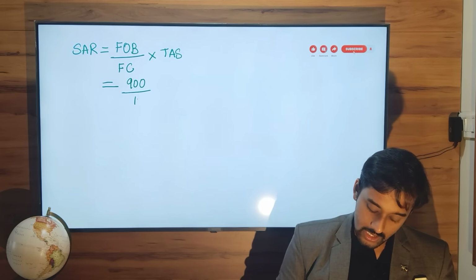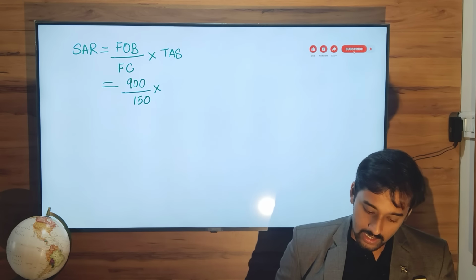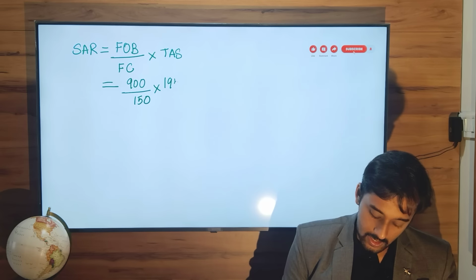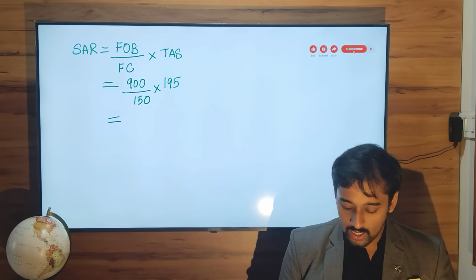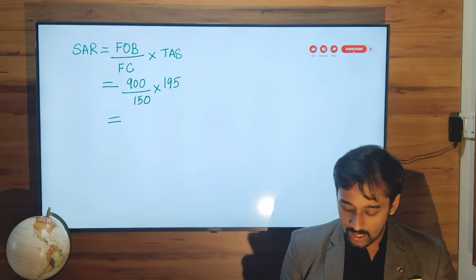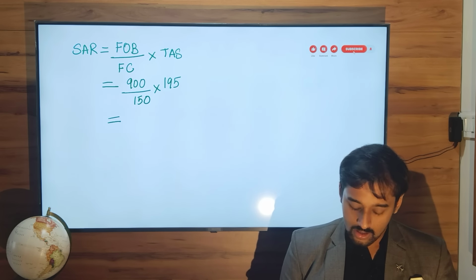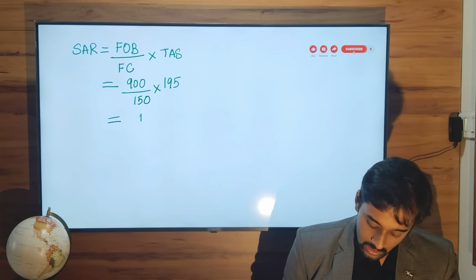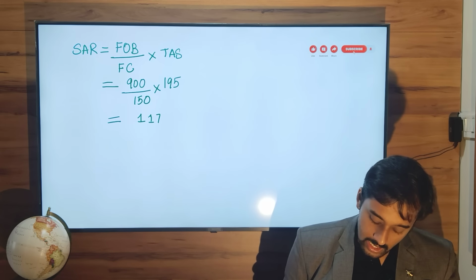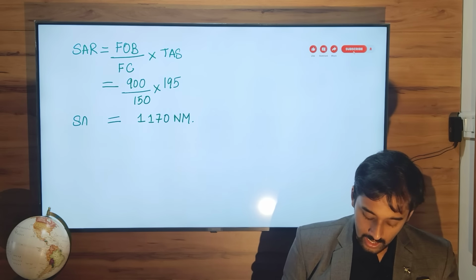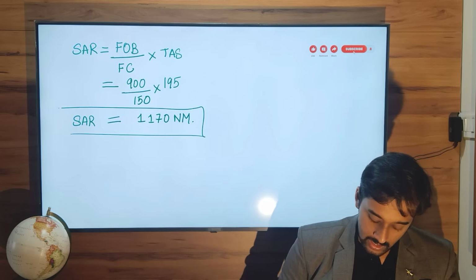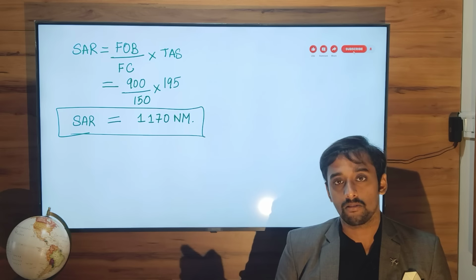Okay, fuel consumption rate is 150. True airspeed is how much? 195. So still air range will be 900 into 195 divided by 150. So answer is 1170 nautical miles.